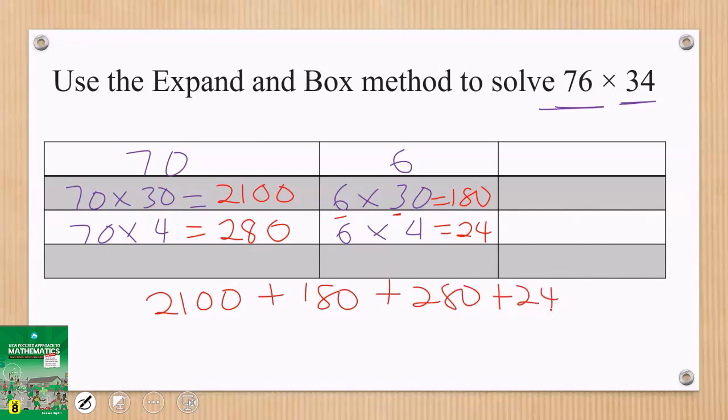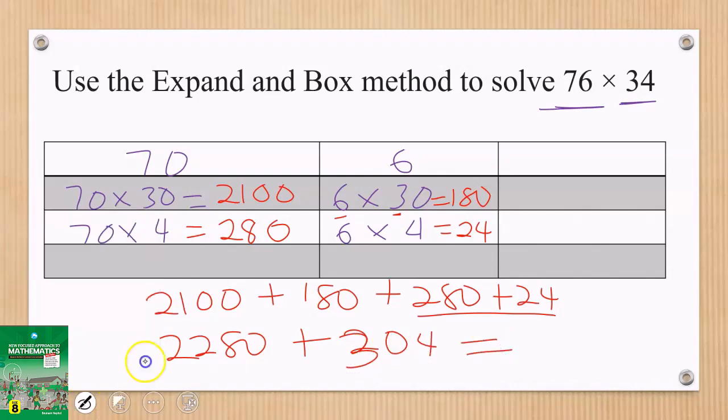So 2100 plus 280 will give us 2380, and 180 plus 24 will give us 204. So when we put all together, that will give us 2584, right? So that becomes the answer for multiplying 76 times 34.